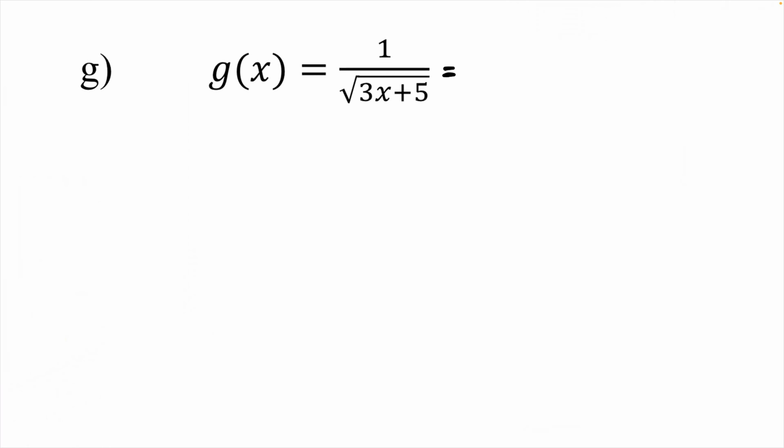G, how can I rewrite G so I can use any of my rules? What's the way I would rewrite this guy here? Could I use the quotient rule? Yeah, but there's only a 1 on top, so I don't want to have to use the quotient rule. I want to use the chain rule. But first I have to rewrite it. So I can go 3x plus 5.